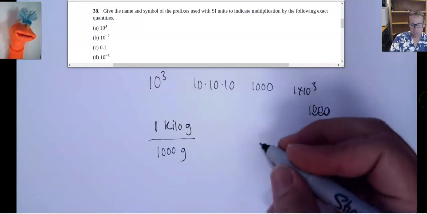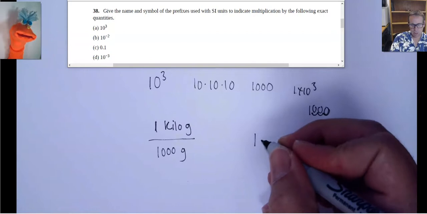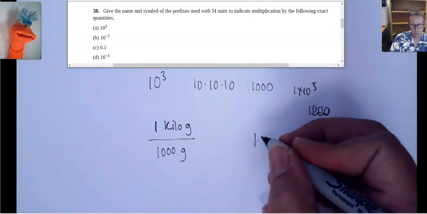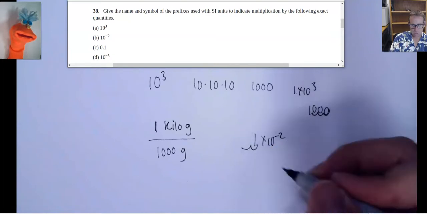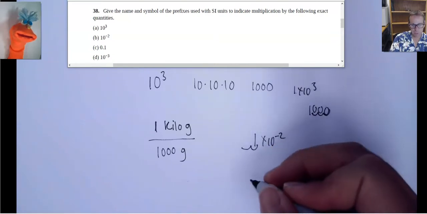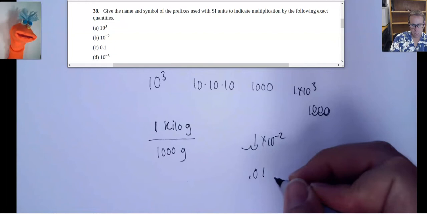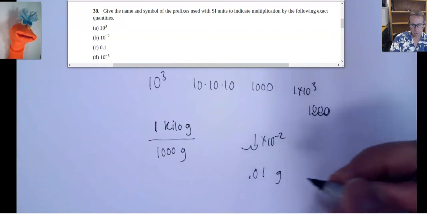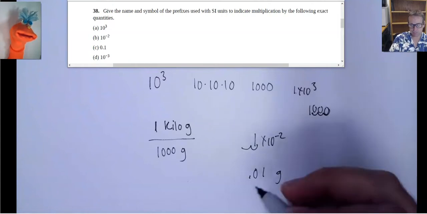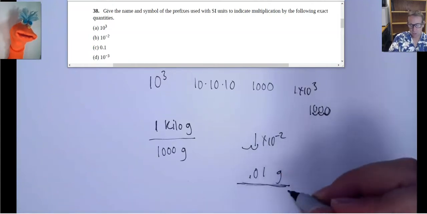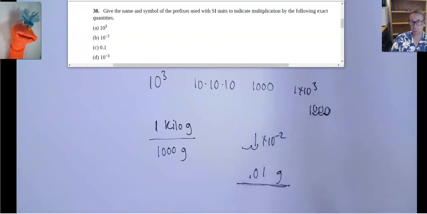All right, 10 to the minus 2, 1 times 10 to the minus 2 is just moving the decimal place over to the left twice, or 0.01, and if we want to call it grams, right? What's the way that we can express that in grams? There, with the prefix, instead of saying 0.01 grams, we can use a prefix. We can bring our prefixes back up here.